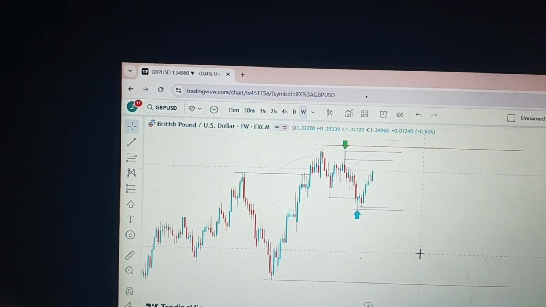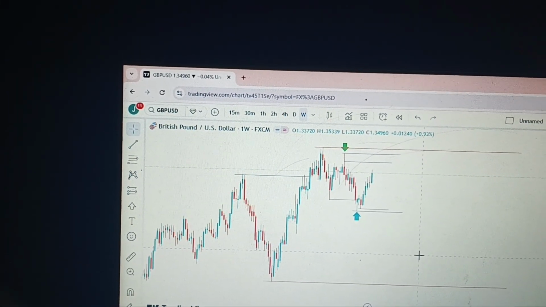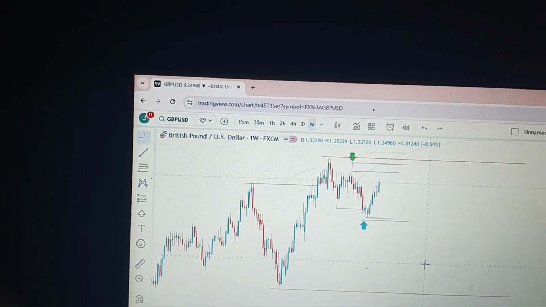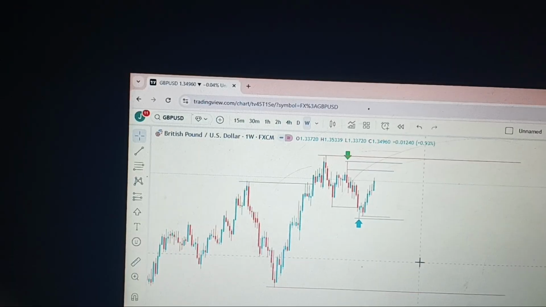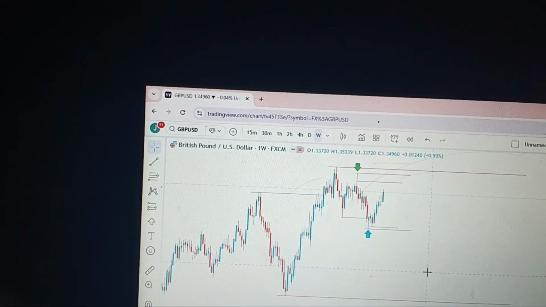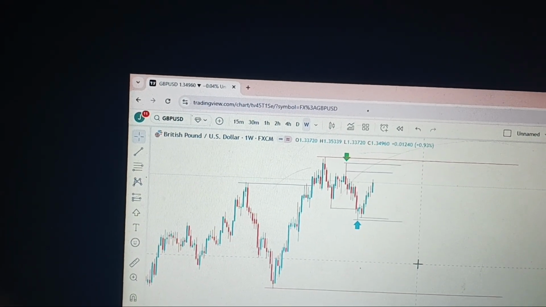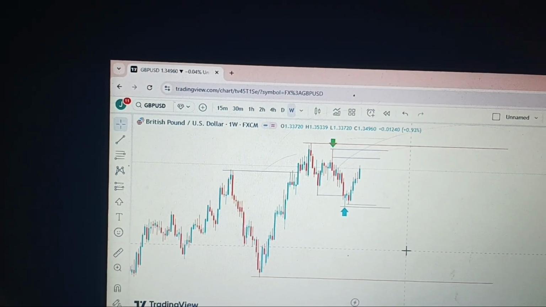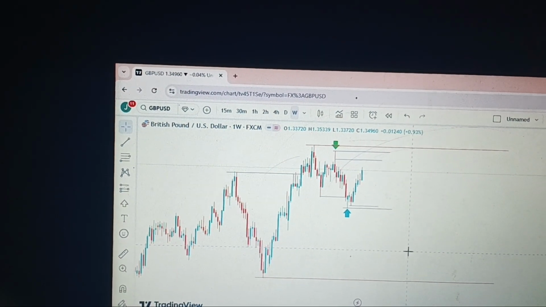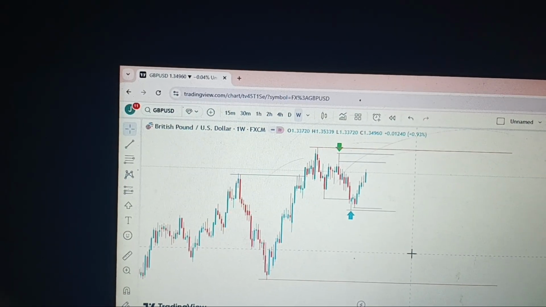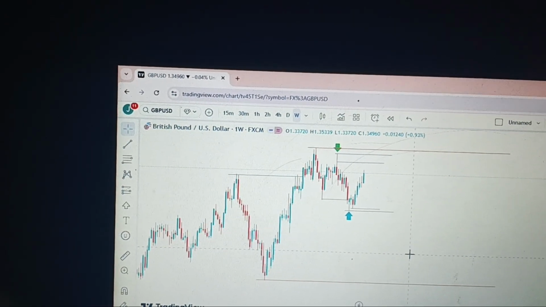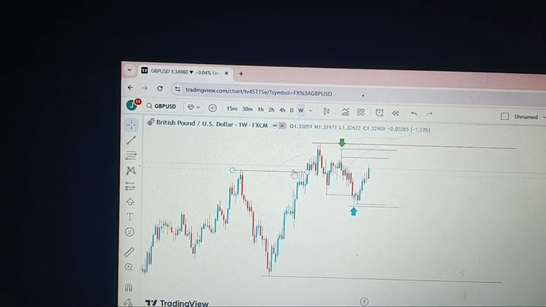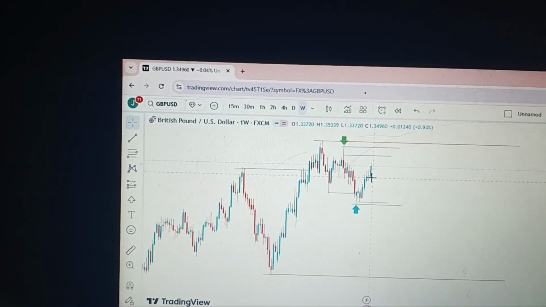Based on our trading style, we want to go in and come out. We don't want to hold trade for weeks or days. That's why most of the time we scale down to the lower time frame, still putting the higher time frame in consideration, so that we'll be able to get out of the trade within a day or 2 days. We don't want to trade the overall structure.